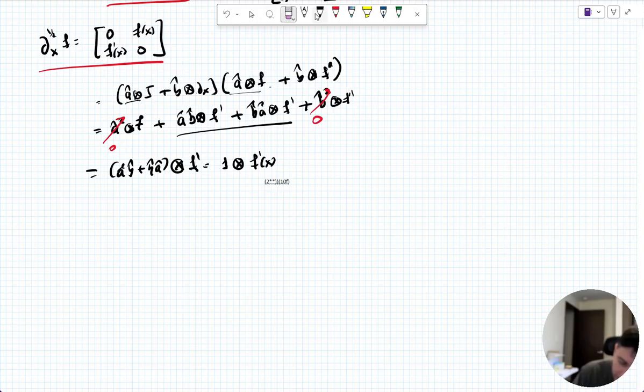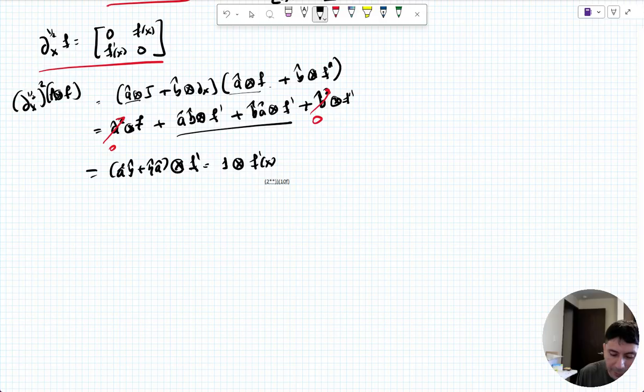Let's do it again. So the square of the square root of the fractional derivative, acting on a real function which is given by 1 tensor f, gives me the derivative of the real function, 1 tensor f.